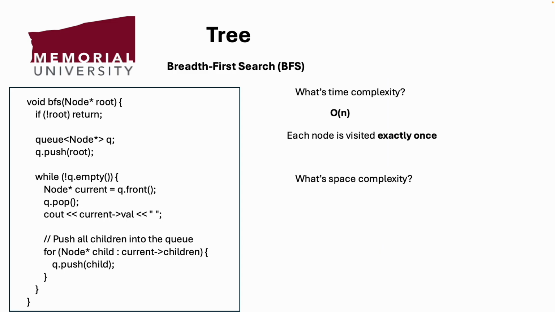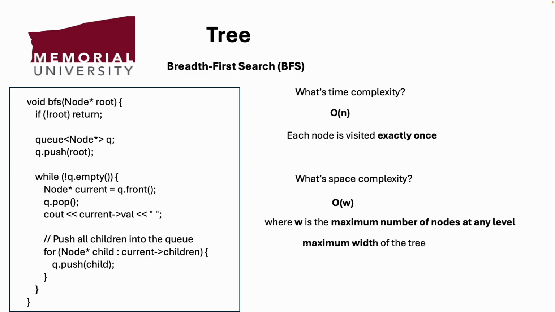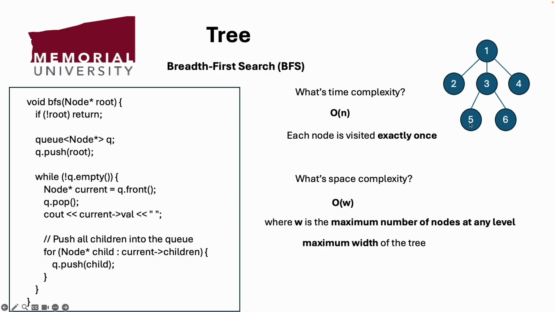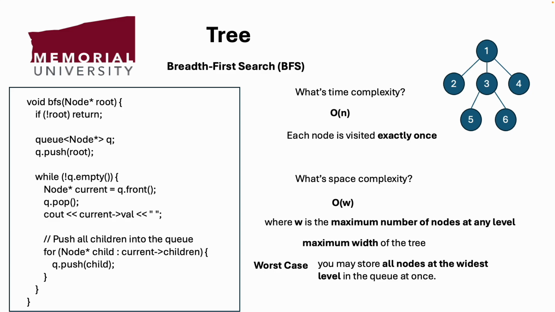So for the space complexity, what's the worst scenario we can think of? We just saw that example from the queue. The worst scenario is that you may store all the nodes at the widest level in the queue at once.